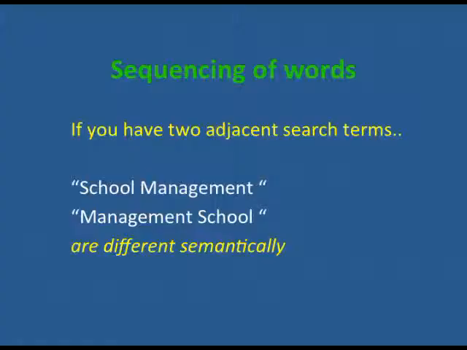Like for example, school library and library school. There is a lot of difference between a school library and a library school. Similarly, management school and school management. The meaning changes if you jumble the words. The same thing will happen in a search strategy. So grammar becomes important in that case, the way you put the words.